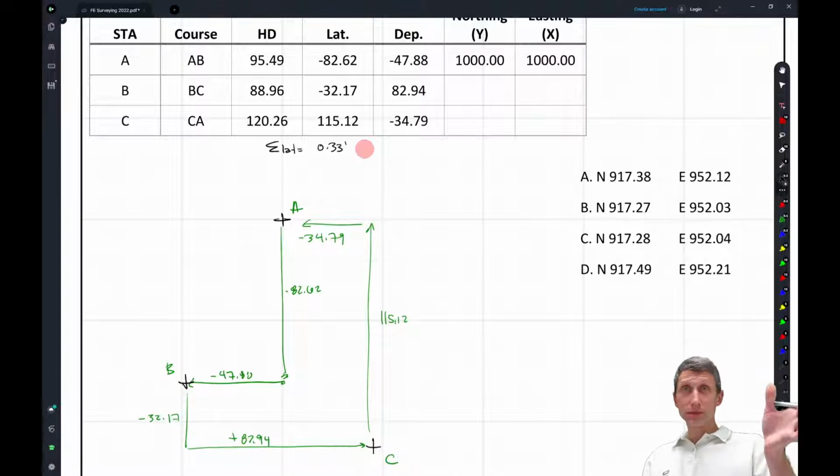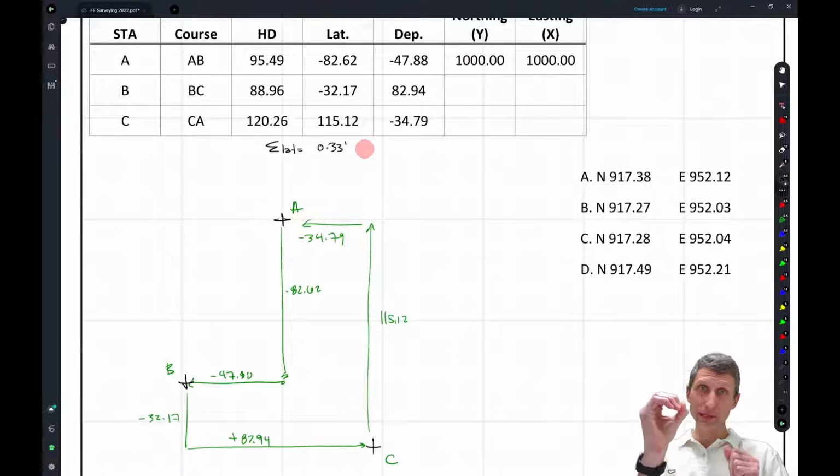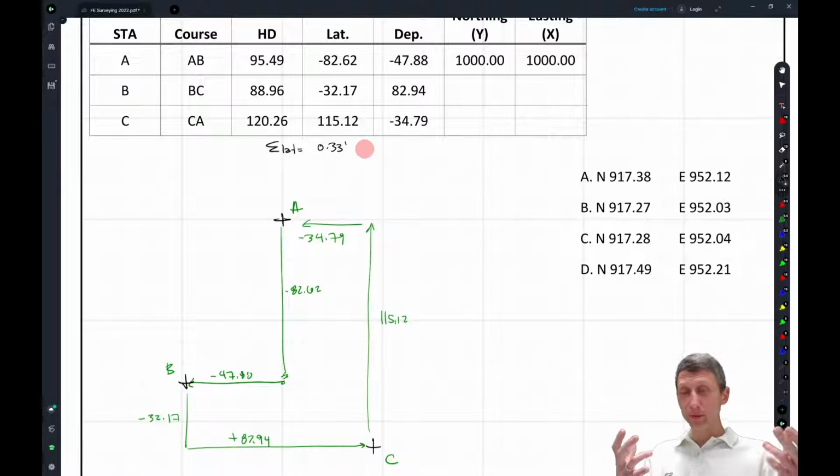So that means we took all our measurements, we went all around the circle, we ended at the same point we started with, and in a perfect world that error would be 0, but we're off 0.33 feet. Is that a lot? Well, it's not great, but it's okay.